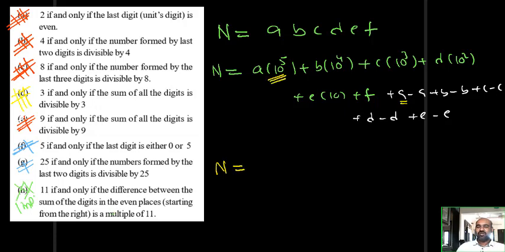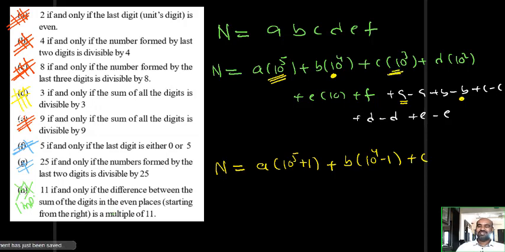So I want to group this with plus a, later I will explain why. I take a common from that, and 10 power 5 plus 1 we will get. Now 10 power 4 minus b, I want to group with minus b. So I am taking b common, 10 power 4 minus 1. Plus c into 10 cube should be grouped with the plus c, so I take c common, 10 cube plus 1.